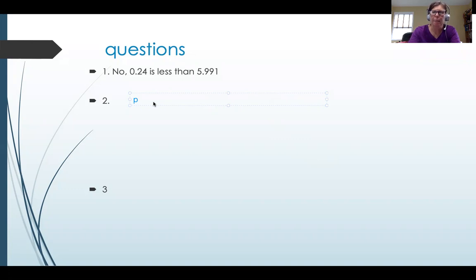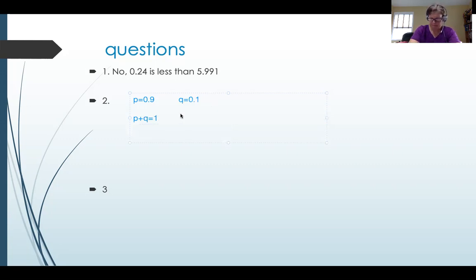That means P equals 0.9, right? That's the same as 90%. What's the frequency of the recessive allele? So what is Q? Well, remember, I can figure this out because P plus Q equals 1. Therefore, my Q has to be 0.1. So now I know my Q.